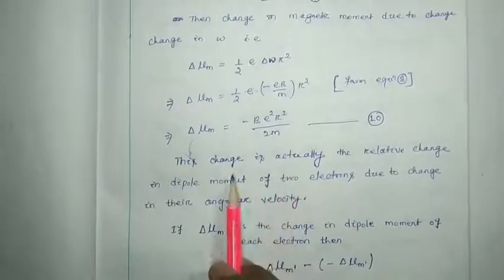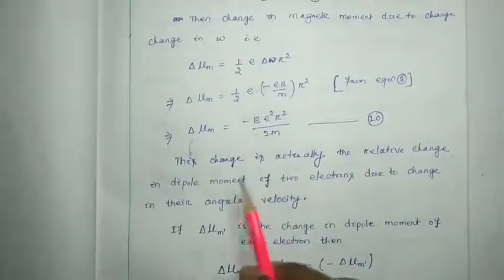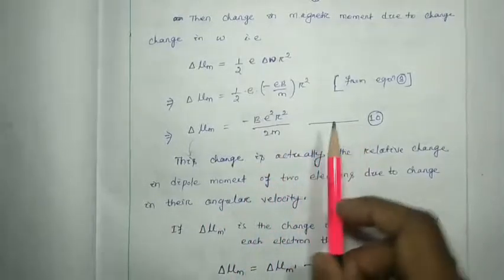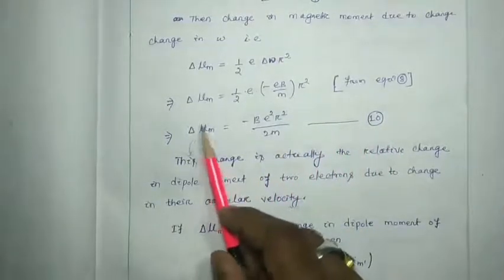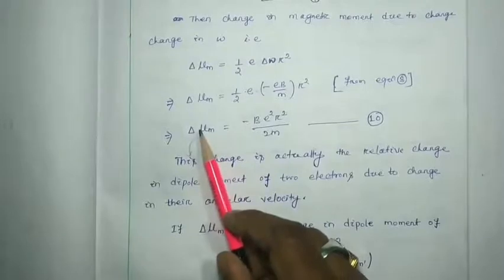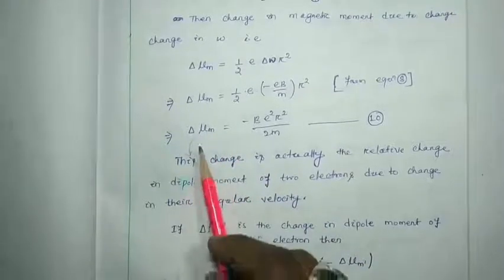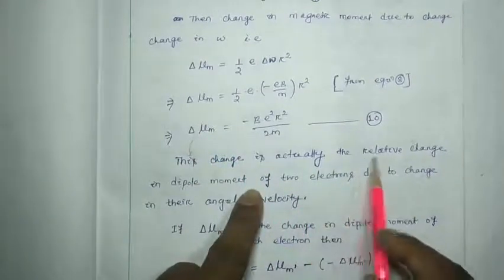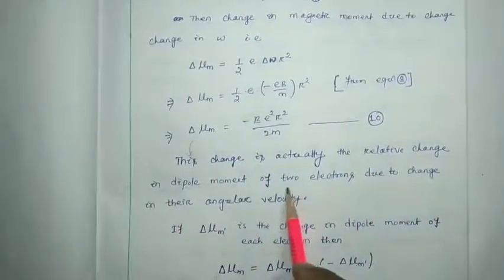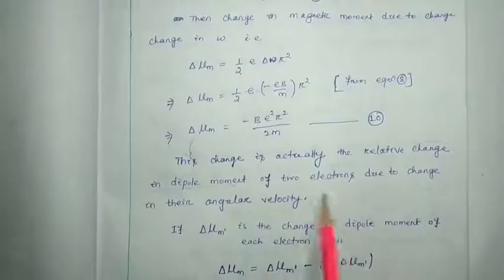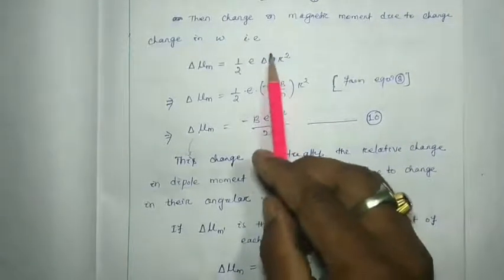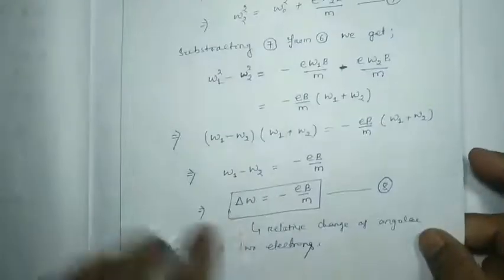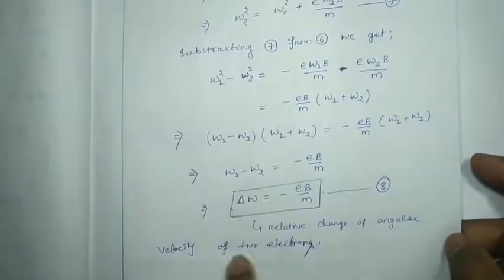Now this expression, what is it telling? This is the change of magnetic moment, but this change is actually the relative change in dipole moment of two electrons, because here we considered del omega as nothing but the relative change of angular velocity of two electrons.